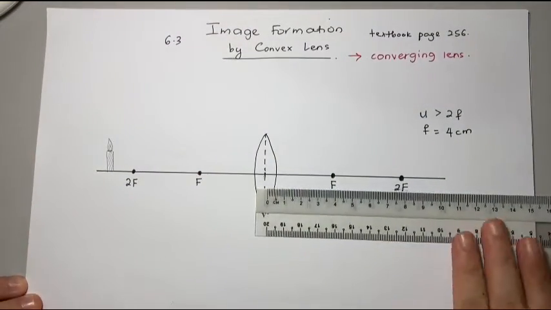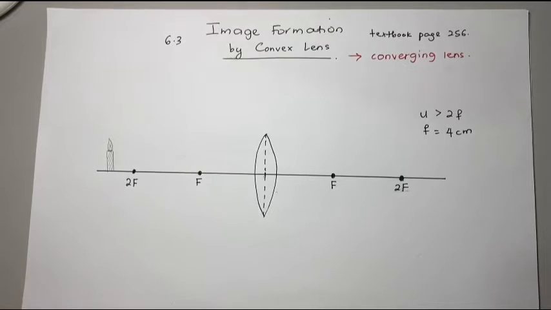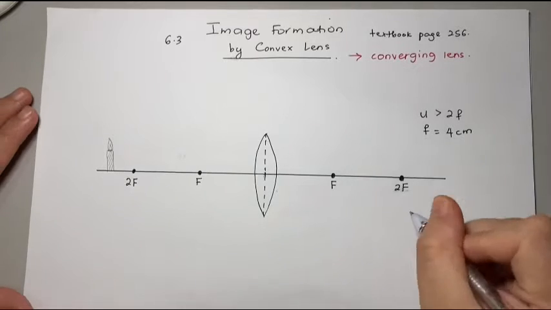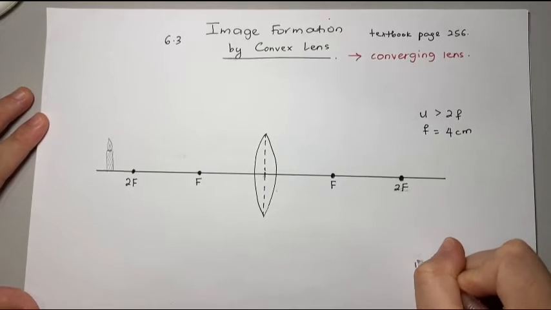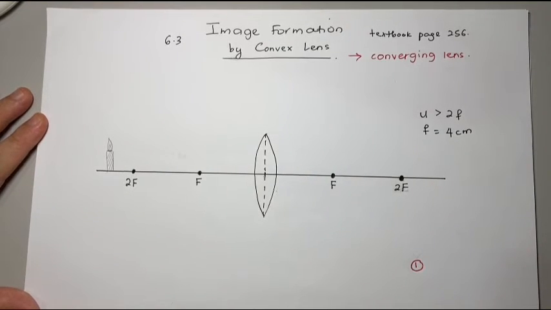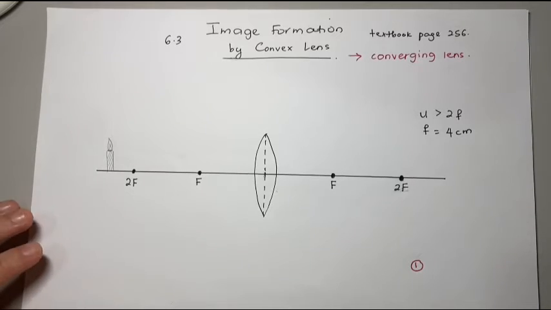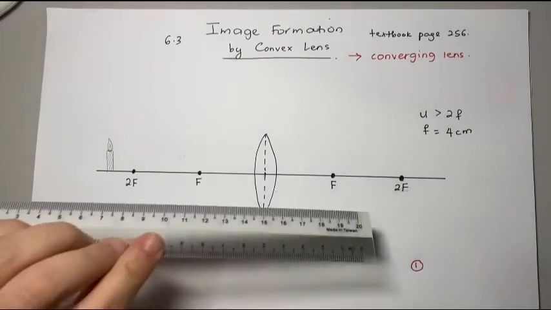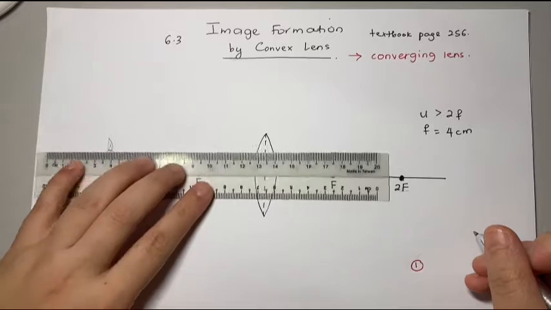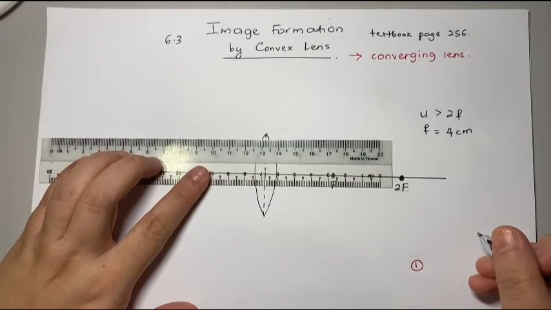Okay, right, now we are going to draw a ray diagram for image formation by convex lens. Remember, we have 3 rays that you need to remember. The first one, I'm going to use my red pen here. The first ray is parallel to the principal axis.